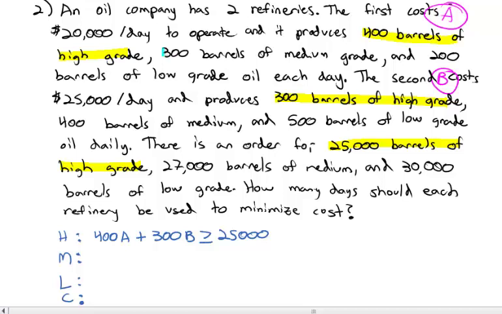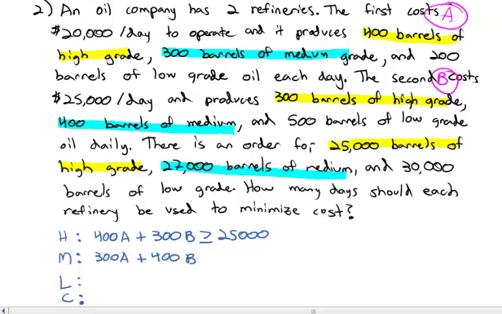Similarly, with the medium grade, refinery A has 300, B has 400, and we need at least 27,000. So 300 from A plus 400 from B has to be greater than or equal to 27,000.